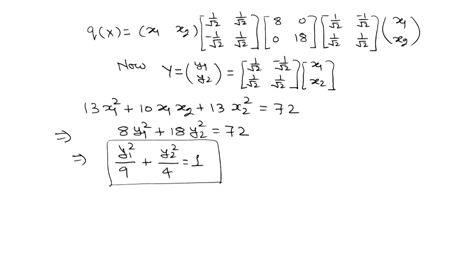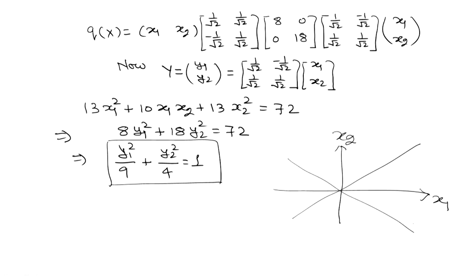Now, if I want to plot this particular curve, so if these are the axes x1 and x2, then the representation of the y1 axis will be x1 plus x2 equals 0, or basically x1 equals minus x2. Similarly, the representation of the y2 axis is x1 equals x2.